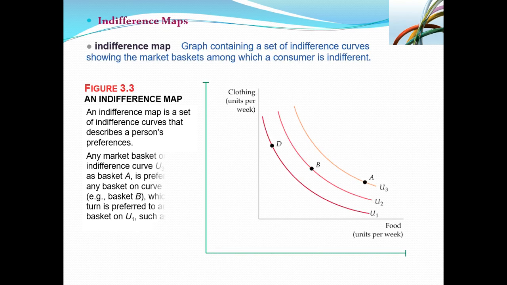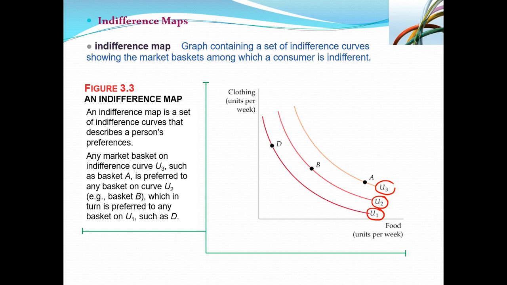Okay, so now a group of indifference curves gives us what we call indifference maps. Okay, so an indifference map is just a graph containing a set of indifference curves showing the market baskets among which a consumer is indifferent. So I've got, see, that one there that gives us U1 level of utility. I've got that one there that is giving us U2 level of utility.